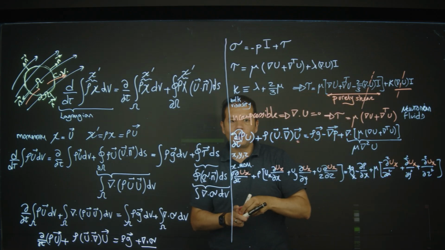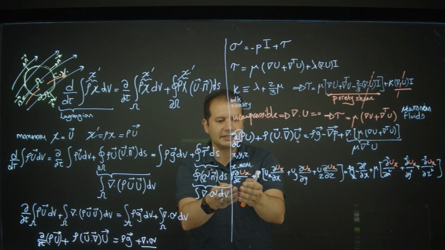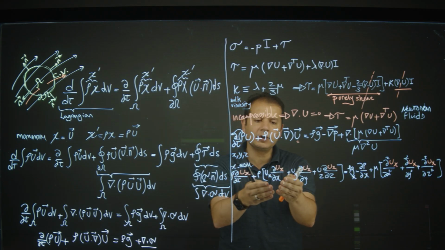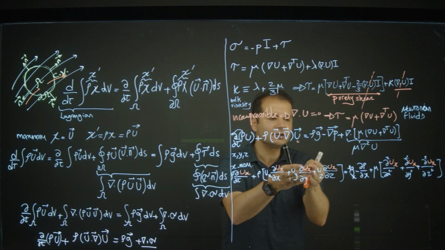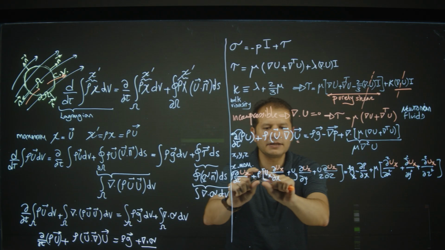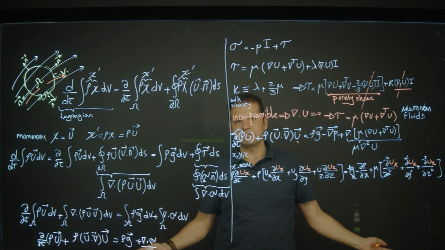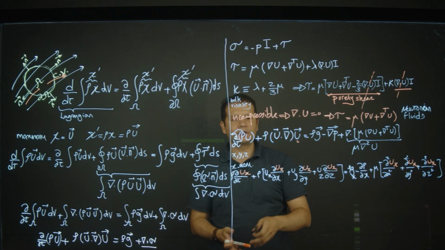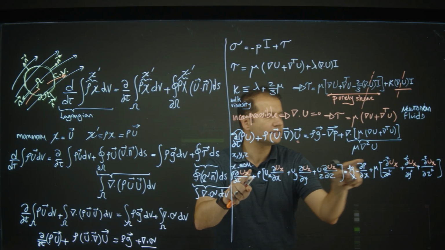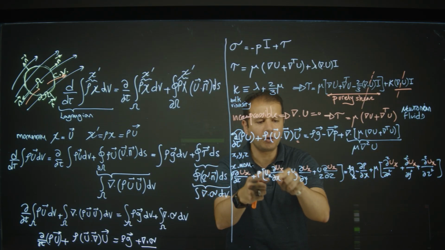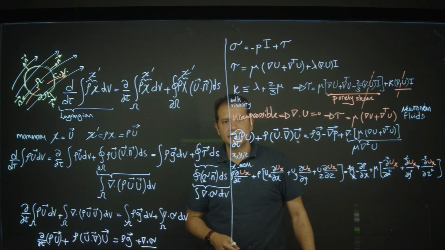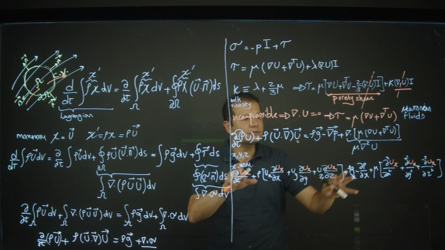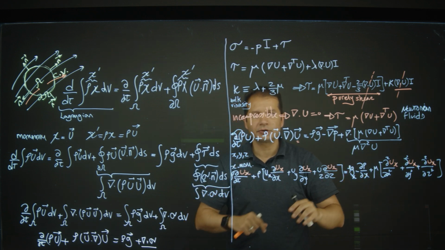When I write it for uy, I write rho d dt of uy, rho ux d dx of uy, but the y terms here stay the same. So I can write it for uy by just replacing ux's by uy. All the terms and derivatives will stay similar. This is what we do in Cartesian coordinates.